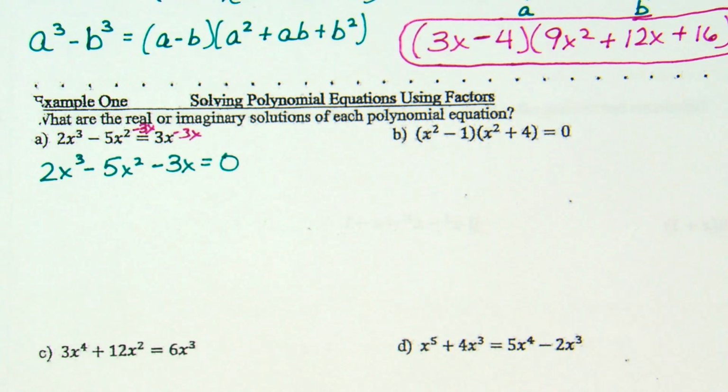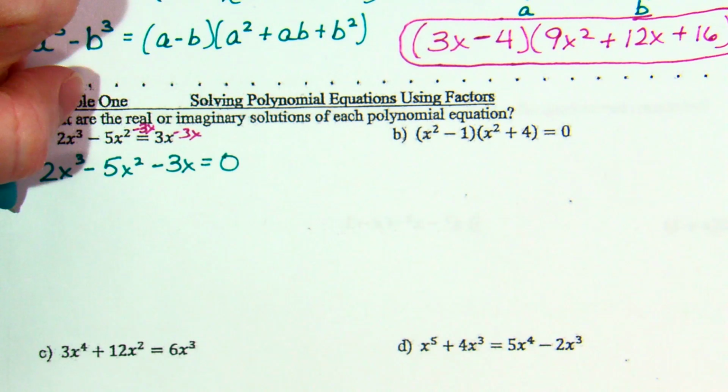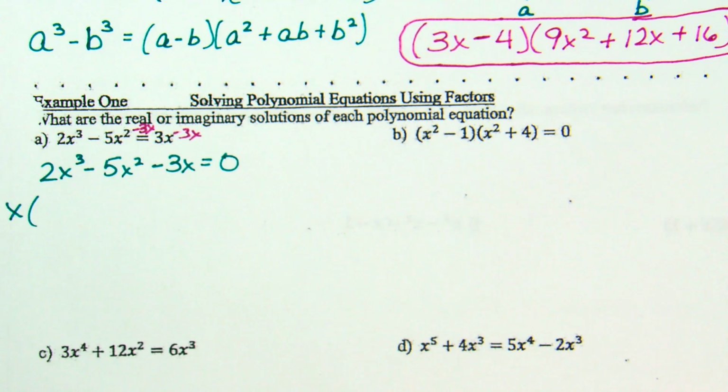Is there a GCF? X? Anything else? The highest it has is the next to the first that they all have. So we're going to factor out GCF of X. Notice I'm going to put that X out front.